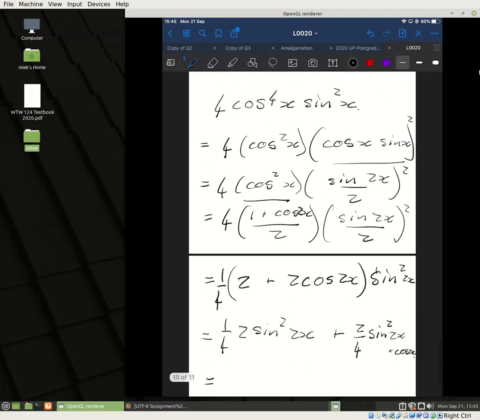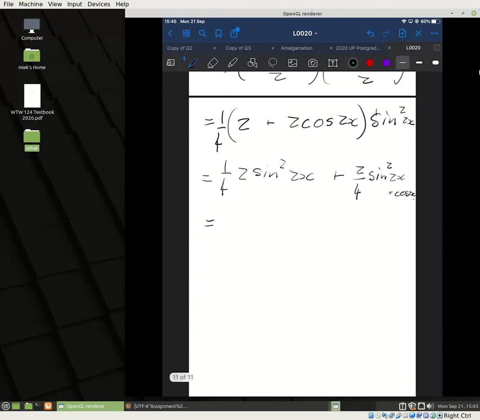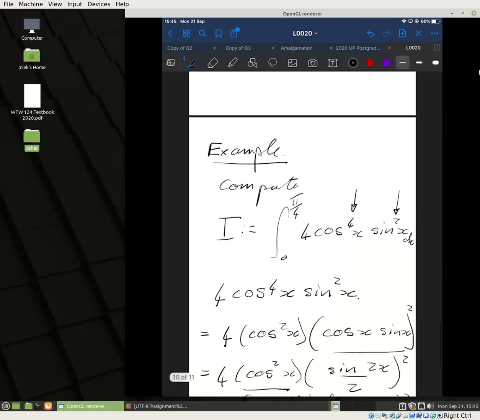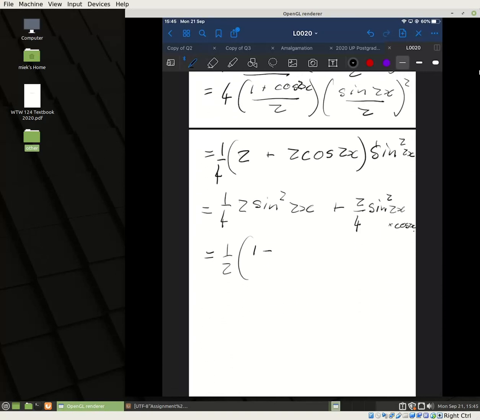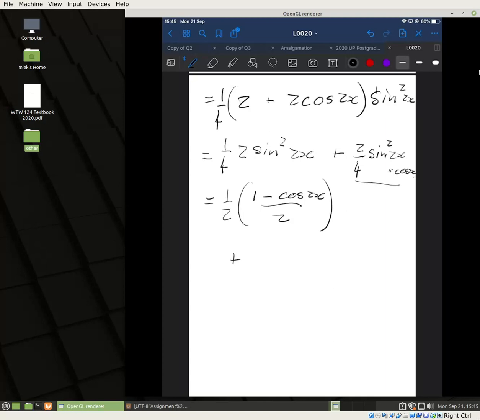And what are we going to do? We're going to use this identity to take care of that term. Okay, so let's see what we can do there. This becomes a half, and that becomes 1 minus cosine 2x over 2, plus, and now this term, 1 over 2 sine squared 2x cosine 2x.